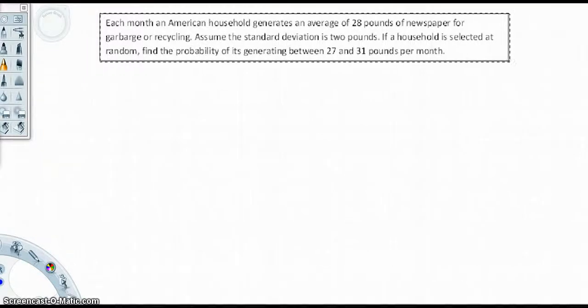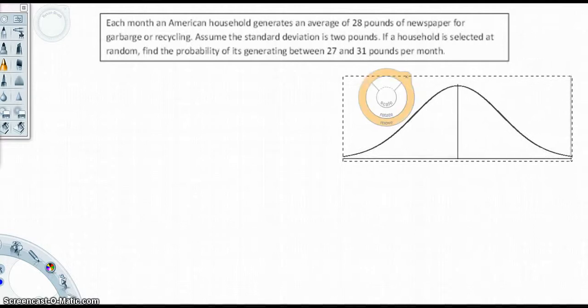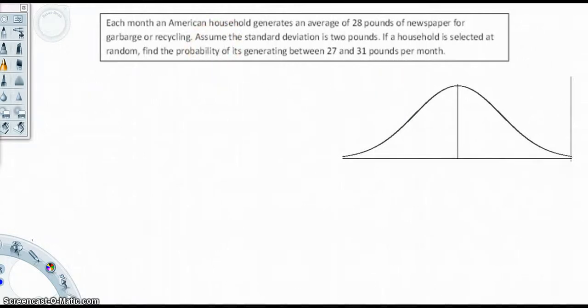So the first thing we need to do is to get up our beautiful normal distribution. And we need to write in what we're working with. So we know that the average, the mean of the household, is 28 pounds. So our mean is going to be 28. And we need to look at generating between 27 and 31 pounds. 27 pounds would be on this side here, less than 28.